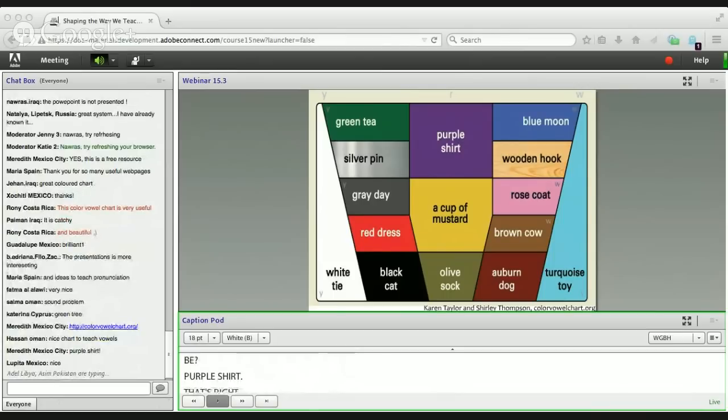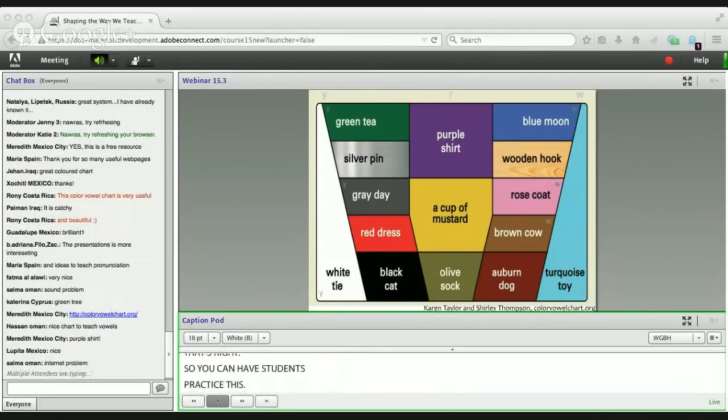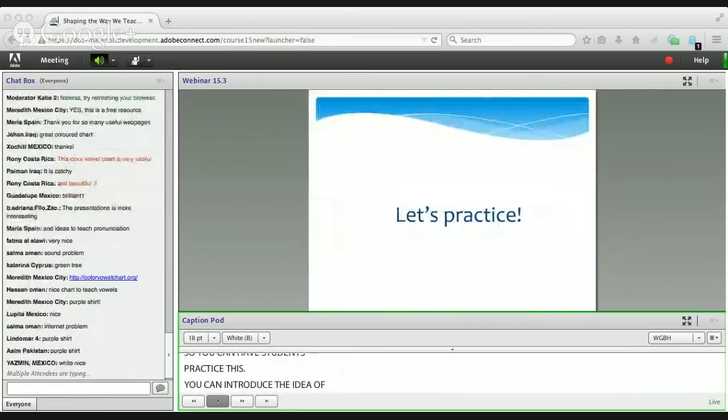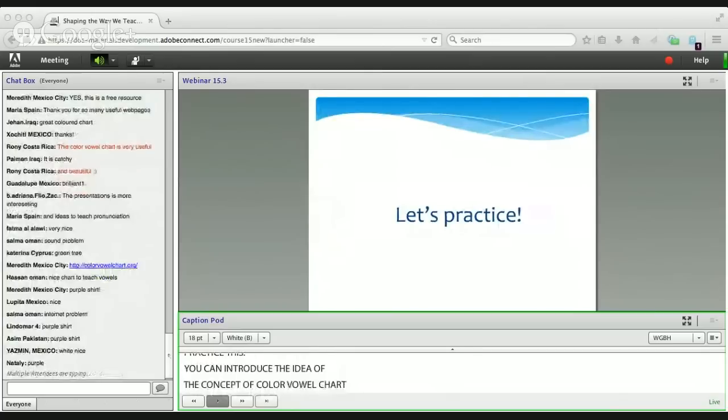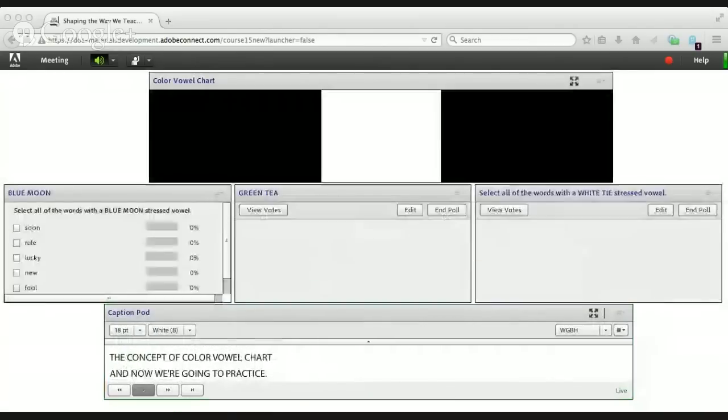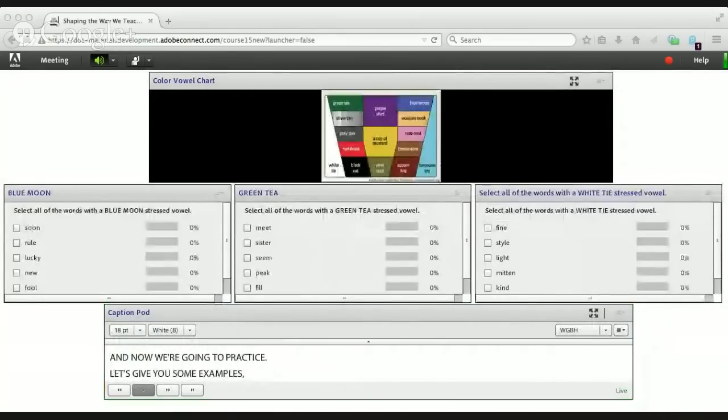You can introduce the concept of the color vowel chart, and then we're going to practice. Let's give you some chances to practice this right away. For example, let's look at the first poll, blue moon.